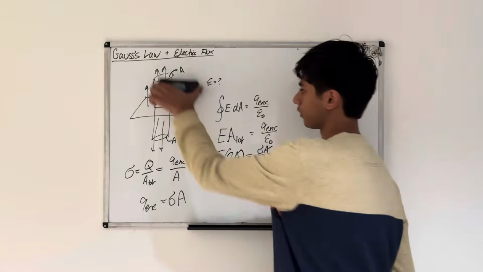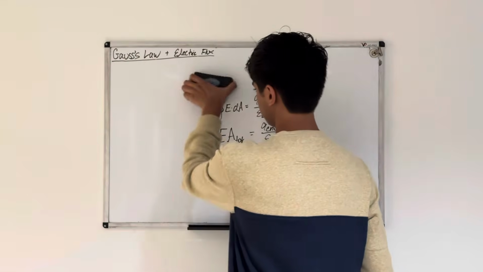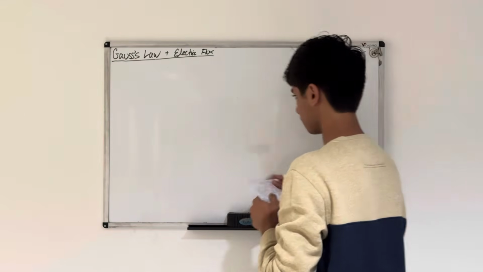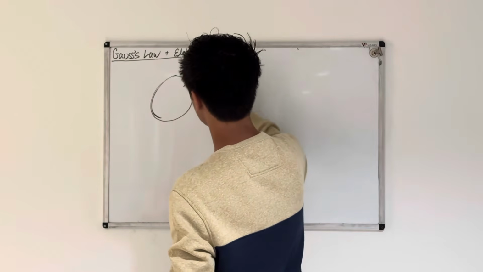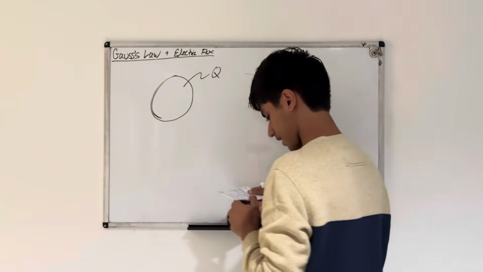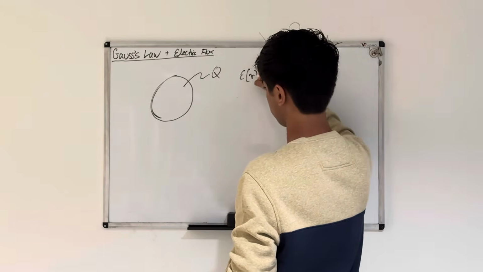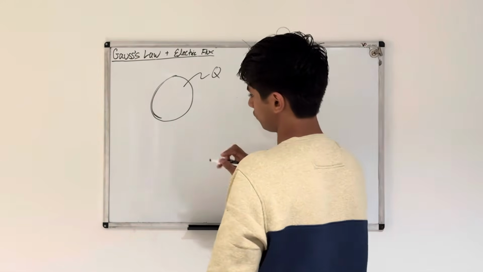Okay, next one, let's go through a sphere. Let's say we have a sphere. I'm just going to draw a circle because you can't really draw spheres in 2D. Let's say we have a sphere, like so, with charge Q. And we're looking for the electric field as a function of r. In this case, we have to create 2 Gaussian surfaces because we have 2 situations.